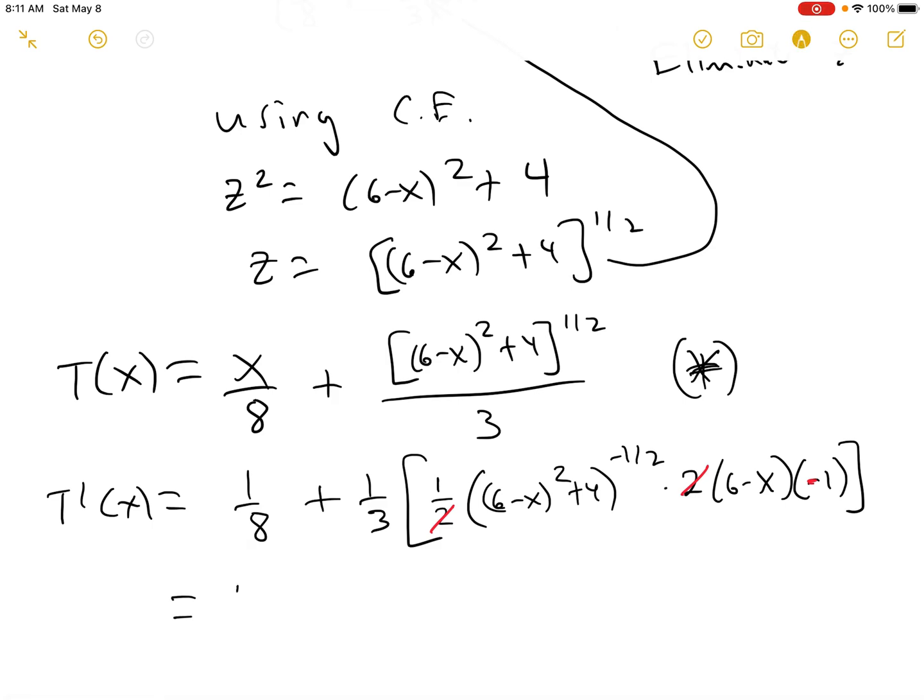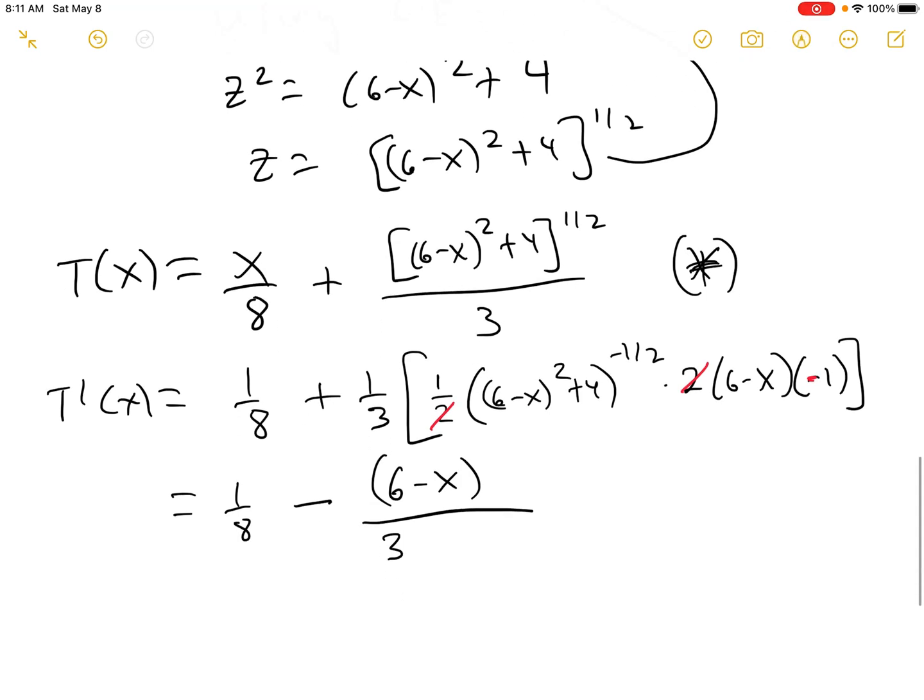So now we have 1/8 minus (6 minus x) on top, and downstairs I have a 3, and then this thing to the 1/2, right?